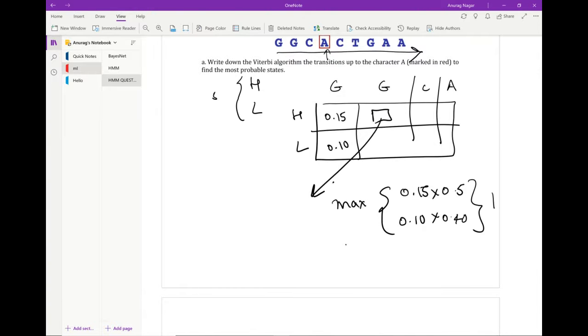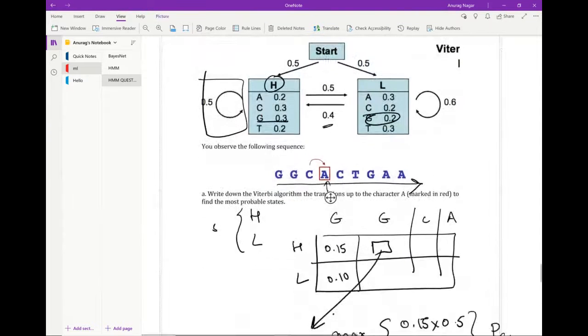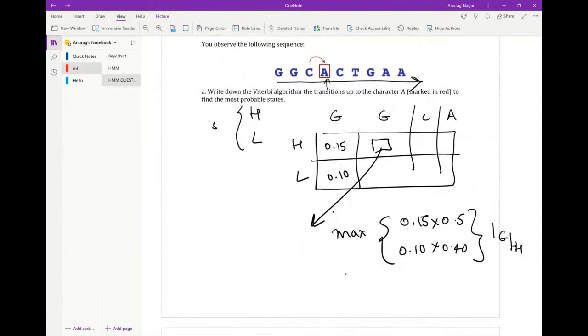Then I have another thing, the probability of G in H state, which is 0.3. If you fill this value in, the top one will be 0.075, and the bottom one will be this. So take the max of this and then work forward.